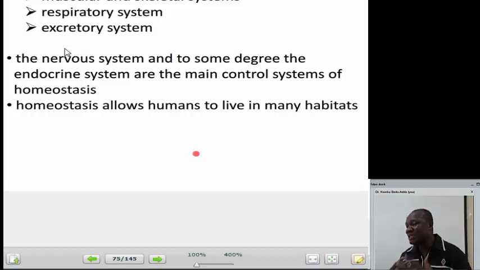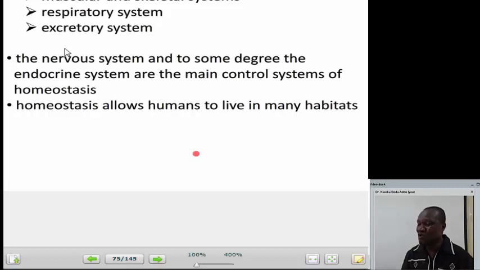Now, the nervous system, and to a lesser extent, the endocrine system, are the main control systems. So the nervous system and the endocrine system control the other systems to ensure that there is homeostasis. Because of our ability to maintain homeostasis, human beings and mammals, for that matter, can live in different environments.